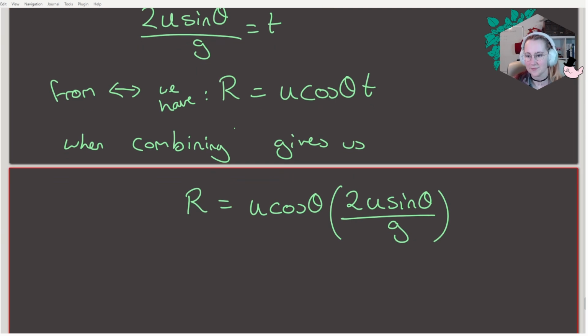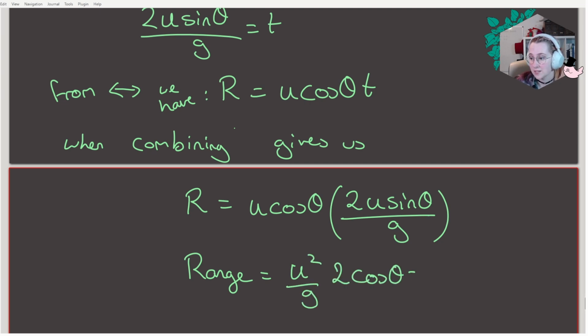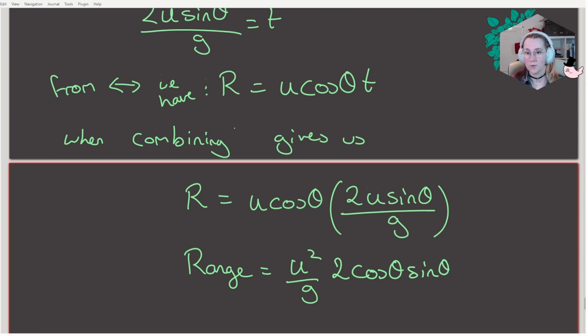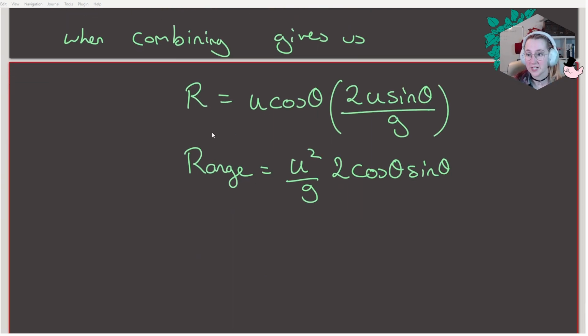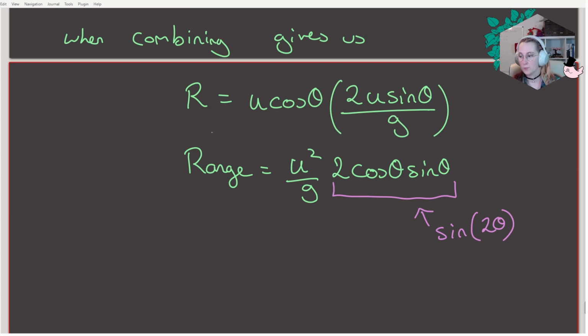Meaning that our range is u squared over g times 2 cos theta sine theta, which from trigonometry is equal to sine 2 theta.